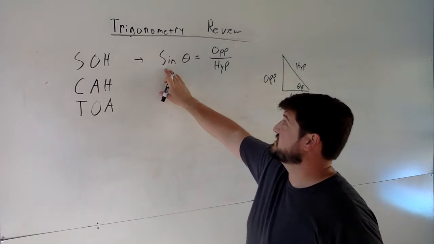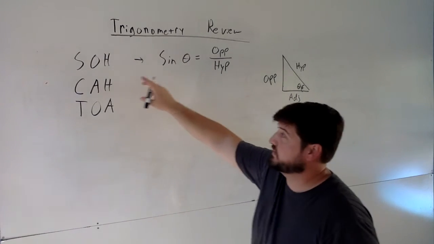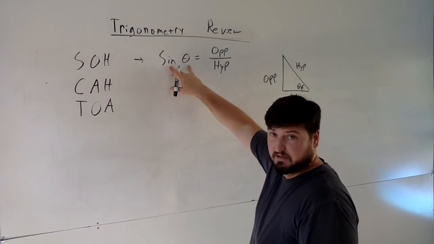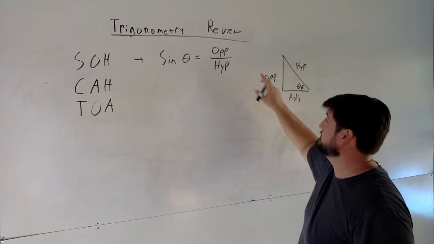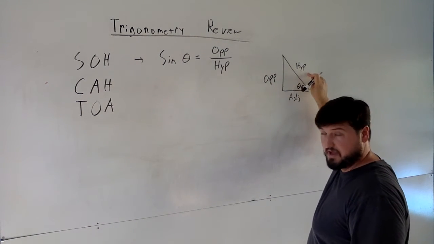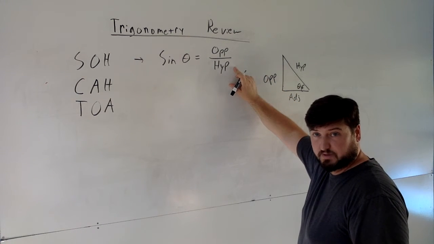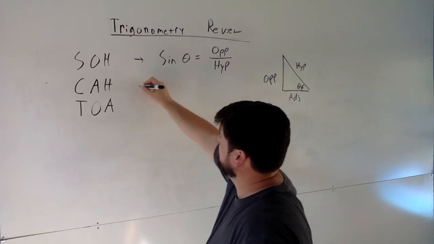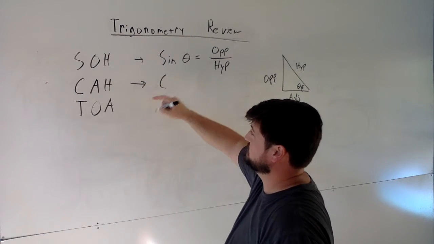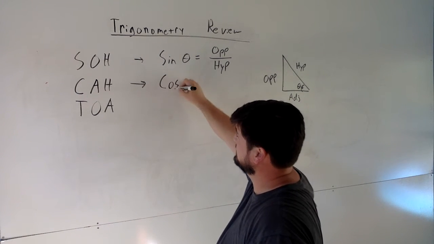Okay, so sine of theta. What does SOH mean? SOH means sine of that angle is equal to the opposite divided by the hypotenuse. Okay, what does CAH mean? CAH stands for cosine.